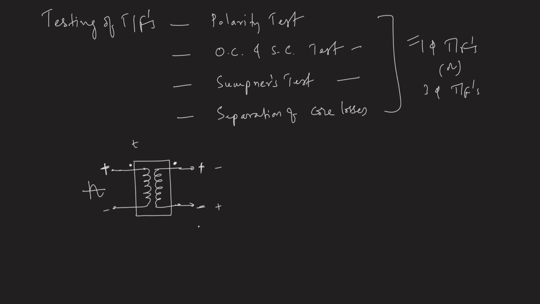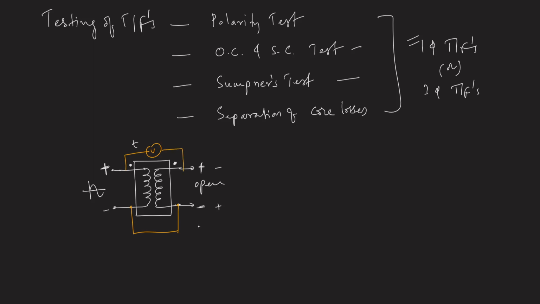To identify this, we keep the secondary side open, short these two terminals like this, and keep a voltmeter across these two terminals like this, right?